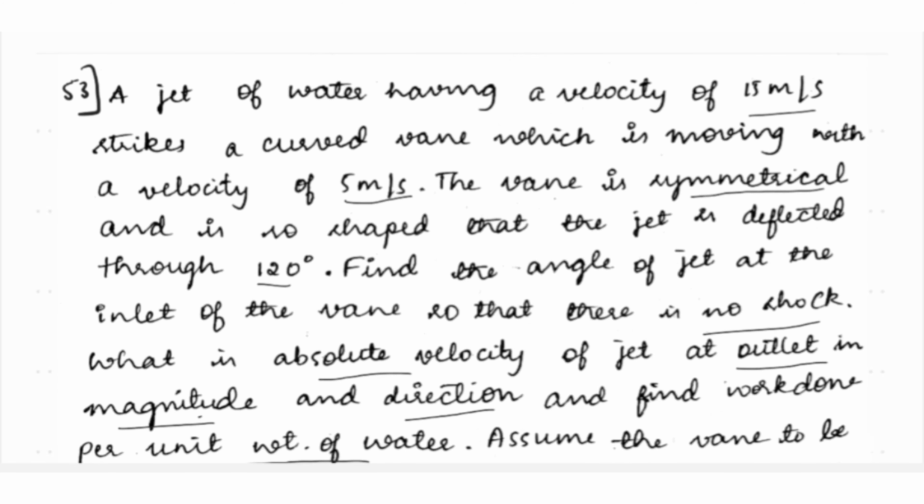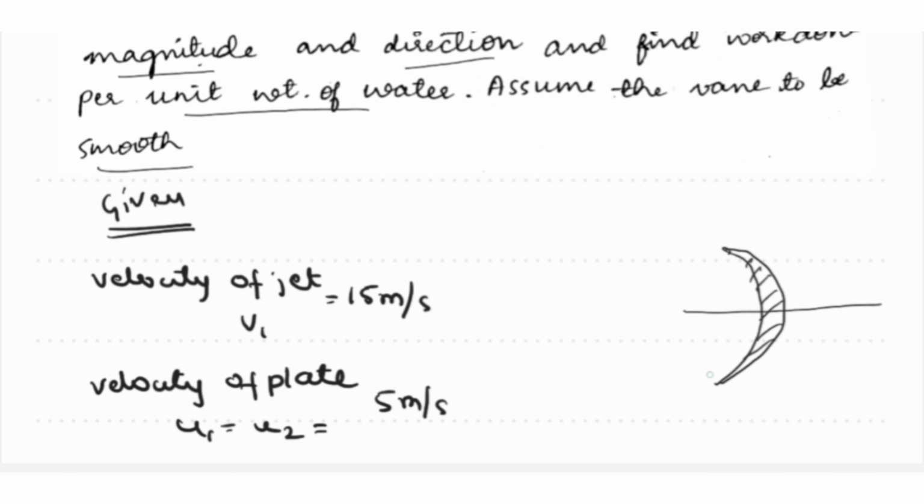So let us draw the velocity triangle. Here the jet gets deflected by an angle of 120 degree. So that is how we have to draw it, like this, and the outlet part also we have to draw. So this angle is given as 120 degree.